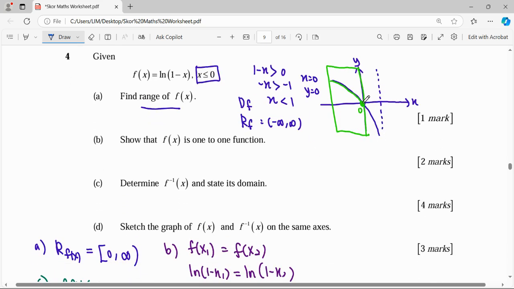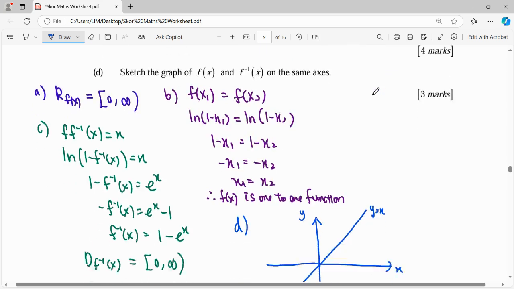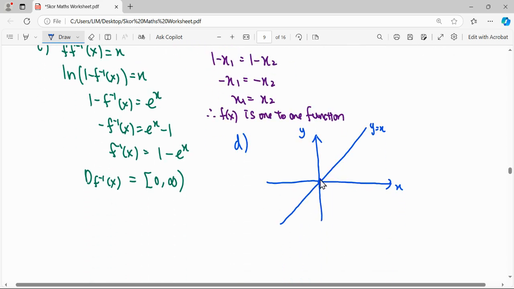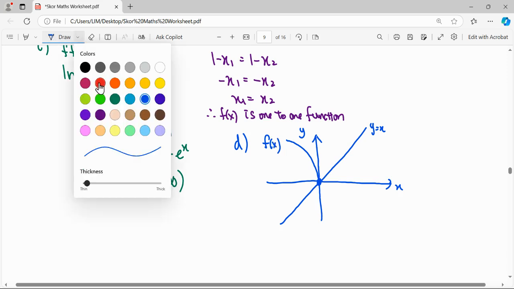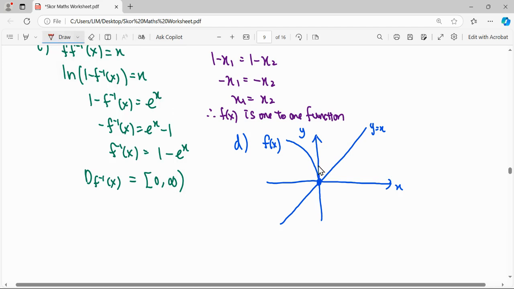It is a condition which is taking less than 0 only. So our graph is starting from here. So this is the log graph. This is the original function. And then when I reflect it, the image will come here. That will be f inverse.